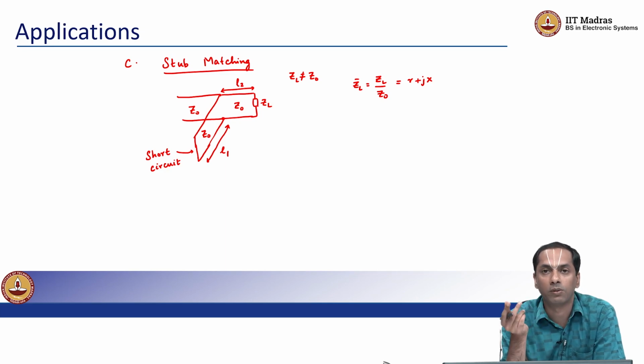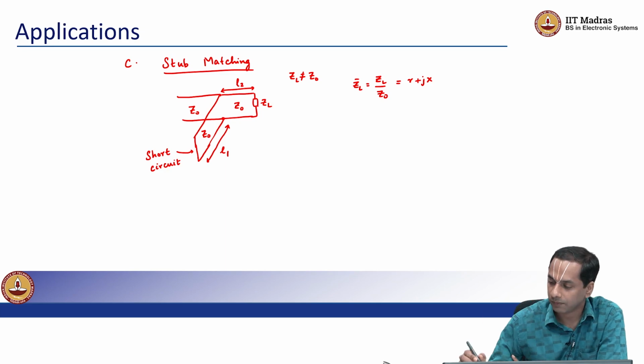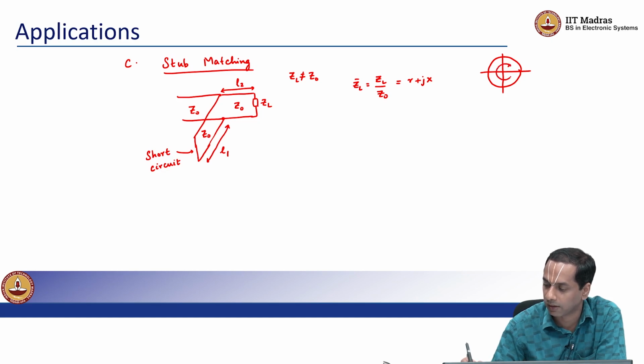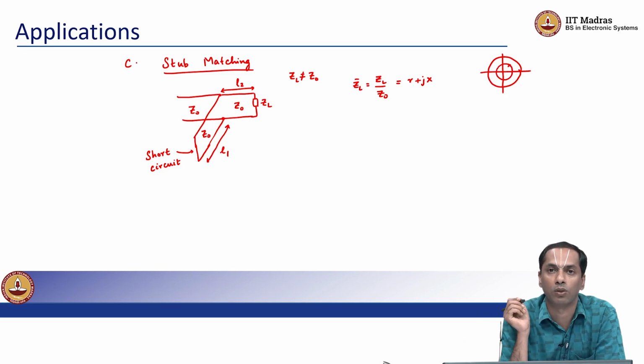In fact, now that you are aware of Smith charts, essentially by varying L2, I'll only be moving along a circle. So this is my Smith chart, and this ZL corresponds to some load here. Going along the transmission line gives me access to all impedances that are on a circle that is centered at 0 and passes through the load that you have.